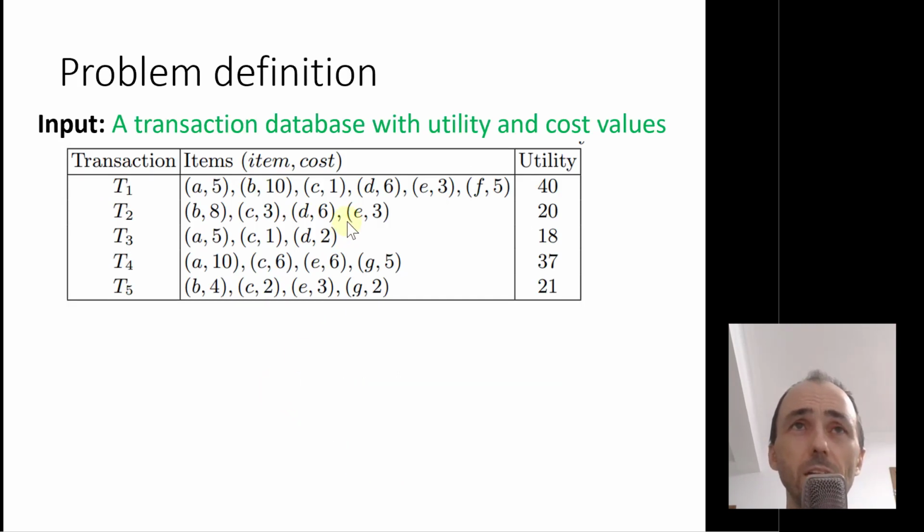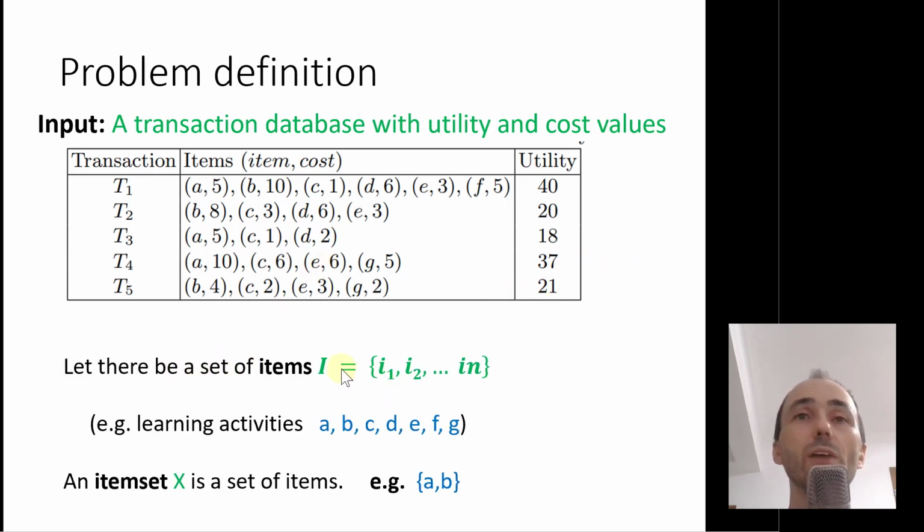So first, let me give you a more formal problem definition to explain what we want to do. So here as input, I have a transaction database with the utility and also the cost values. It is different than the database in high utility item set mining, as I will explain. So how does it work?